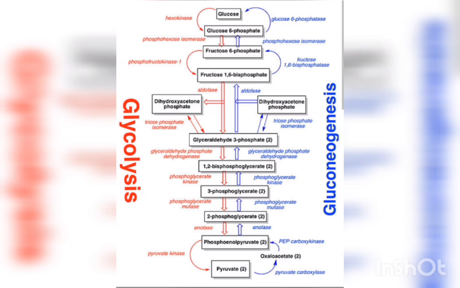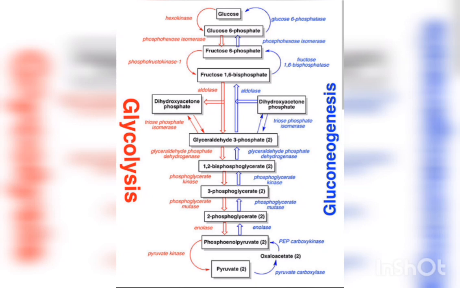The enzymes involved in glycogen synthesis include glycogen synthase, UDP glucose pyrophosphorylase, and glycogen branching enzymes.